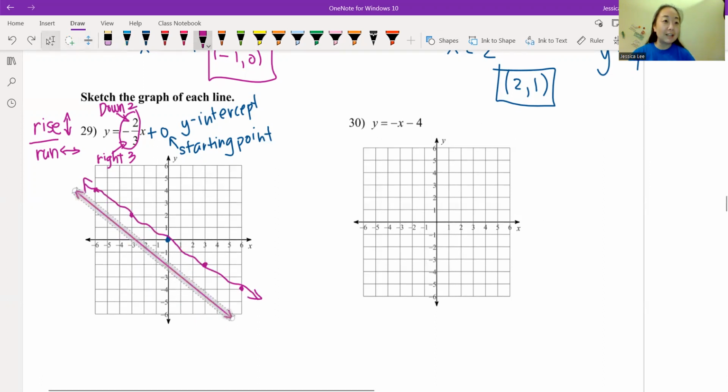Let me try this again. You see how it doesn't really work? I'm trying. It's not working very well, but it's not terrible. There's my line. And then erase some of this stuff.